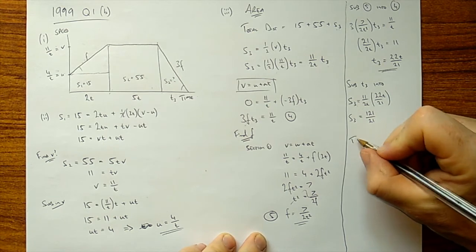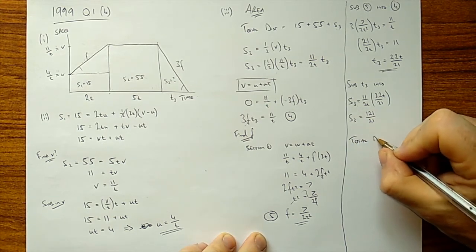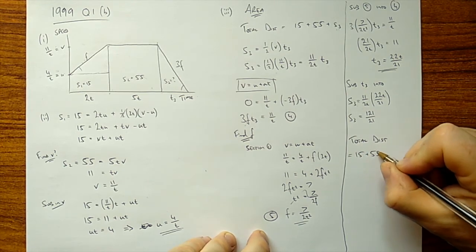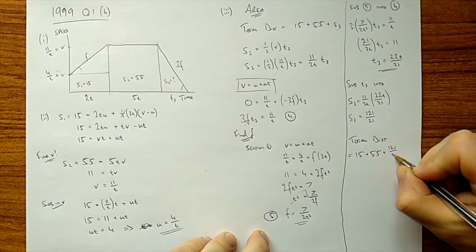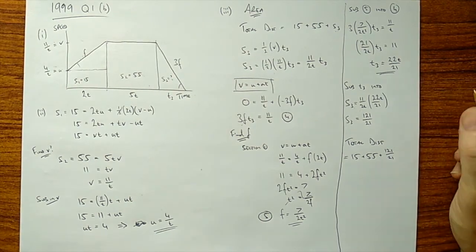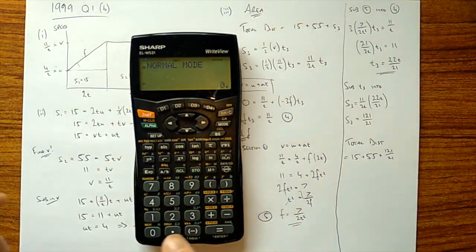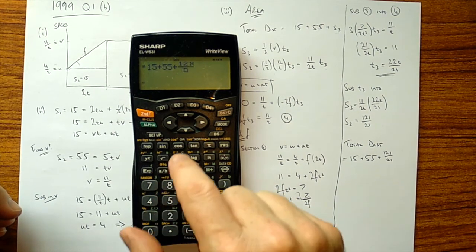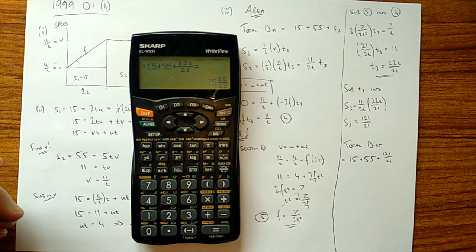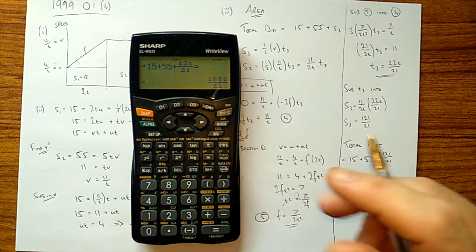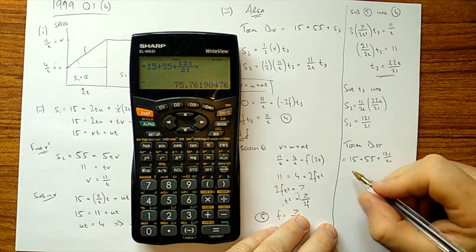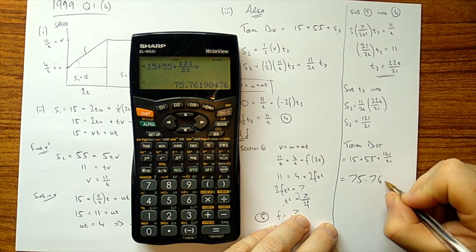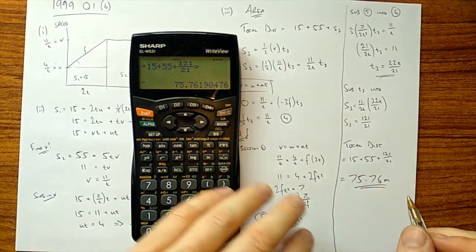Now, so then my total distance equals 15 plus 55 plus 121 over 21. And we grab our calculator and we'll be all sorted. Two decimal places, we will go equals 75.76 meters. And there we go.